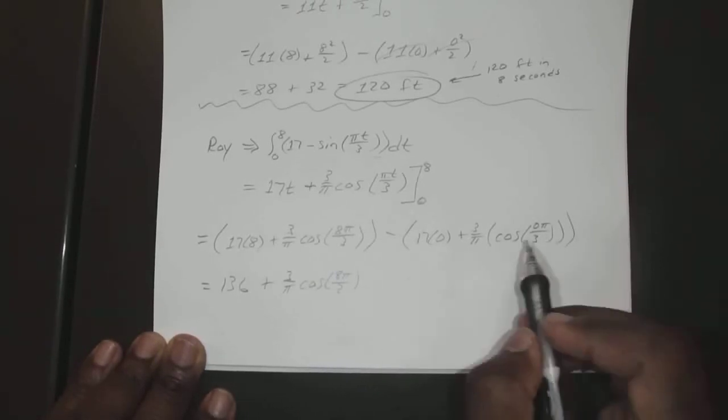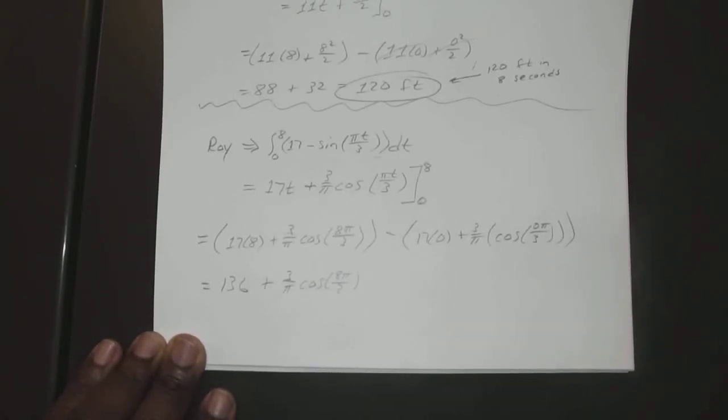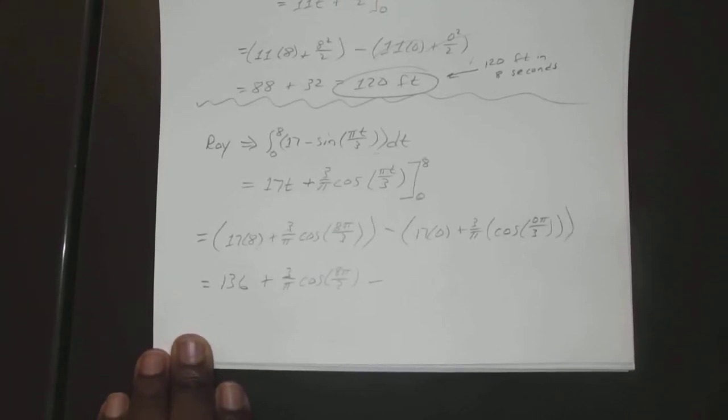And cosine of 0 is 1. So that should be, oh, that's minus. Why do I have that as plus? For some reason I have that as plus. I don't know why, but it should be minus. You should get 134.6.